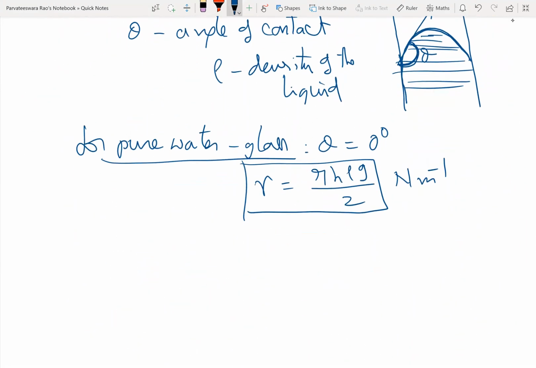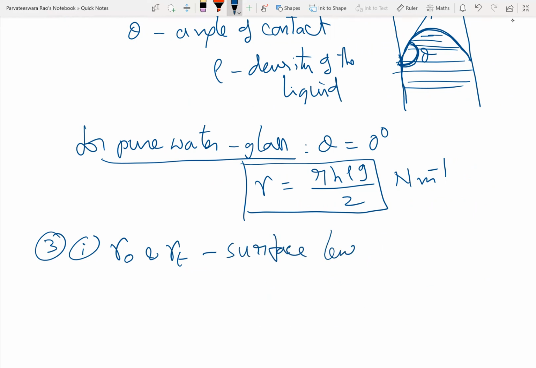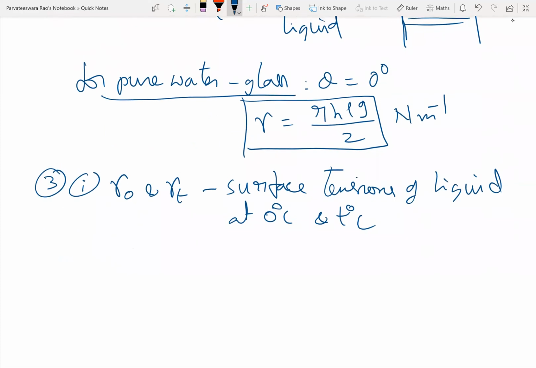Another two important points in this. First one is gamma naught and gamma T, the surface tensions of a liquid at 0 degrees centigrade and T degrees centigrade.